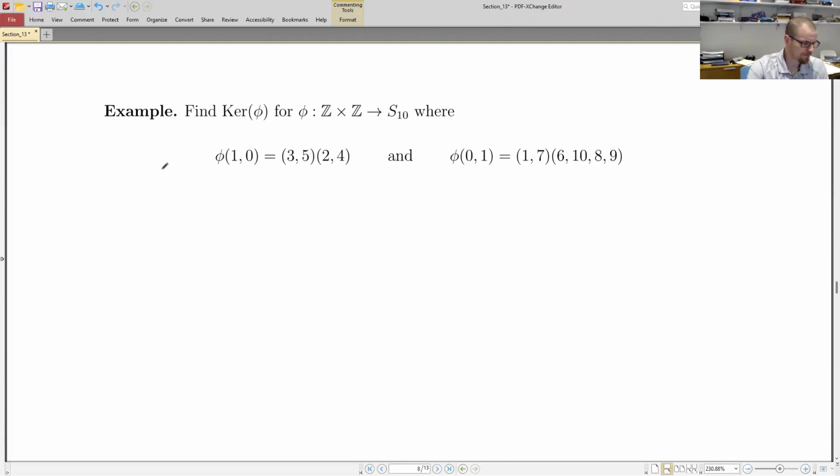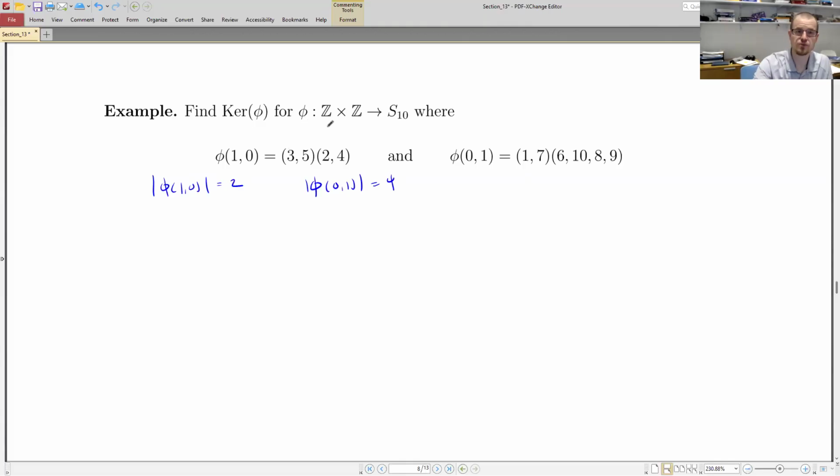All right. We want to notice here that the order of phi of (1,0) is equal to 2. We should be familiar with that. And that the order of phi of (0,1) is equal to 4.